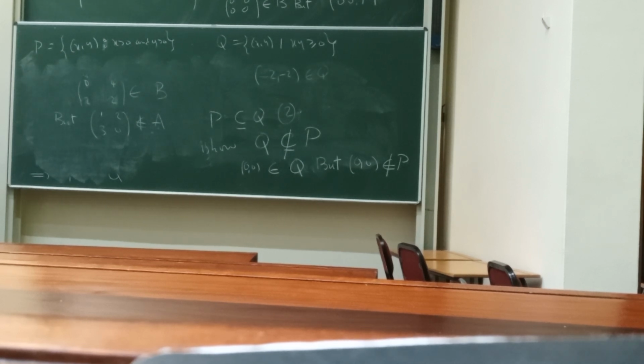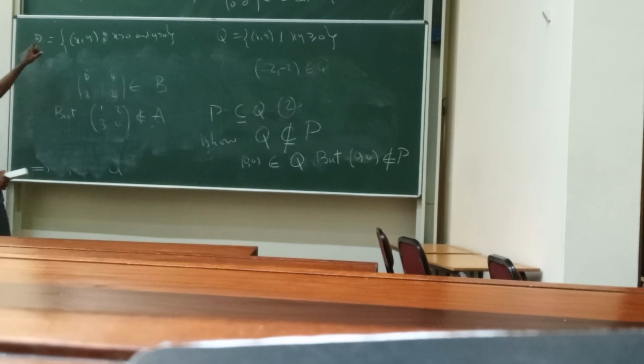So this element here is in B. Why? Because if you do the summation, 0 plus 4 is equal to 4, and 2 plus 2 is equal to 4. But this element is not in A, because A is equal to 0.